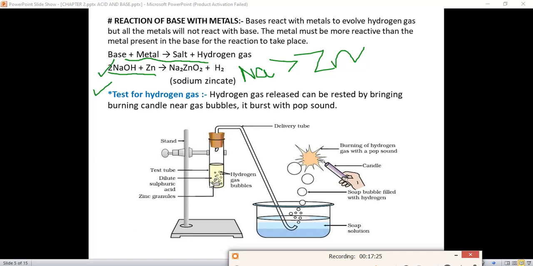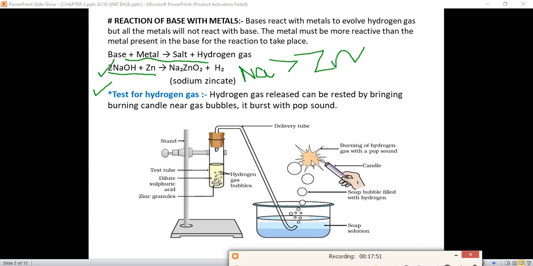The reaction between sulfuric acid and zinc granules gives salt plus hydrogen gas. This hydrogen gas is collected through this delivery tube and the gas bubbles can be seen. Bubbles filled with hydrogen can be seen in the diagram. When we bring a burning candle near these bubbles, what will happen? The candle burns with a pop sound.